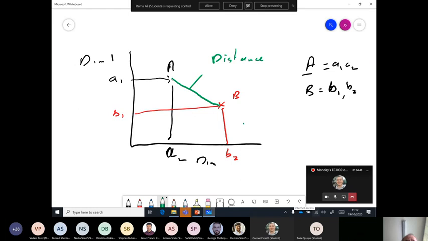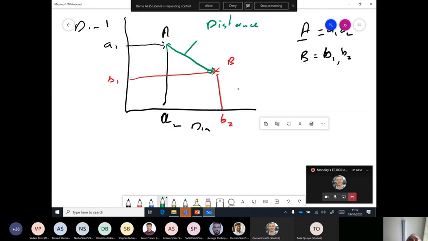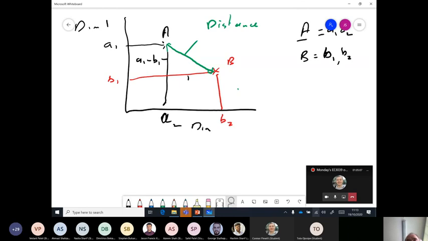Right, that is the distance between vectors A and B. And a simple piece of geometry: this distance here is going to be A1 minus B1, and this distance here is going to be B2 minus A2.